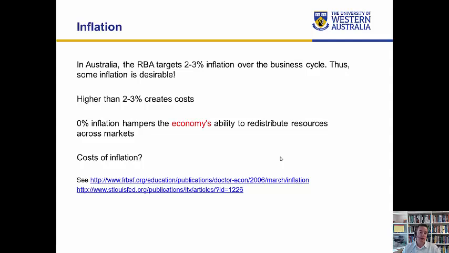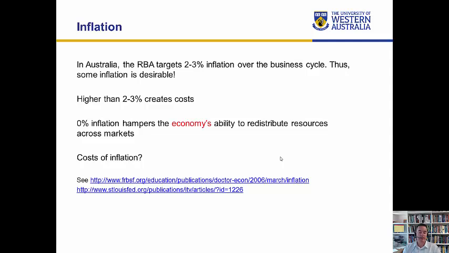Now, an obvious question is, well, why not 4 to 5% rather than 2 to 3? Well, the answer to that is that central banks around the world believe that there is no additional benefit by allowing inflation to creep up to 4 to 5%. Having a small amount of inflation, 2 to 3%, is enough inflation to actually generate the benefits that inflation produces for an economy.